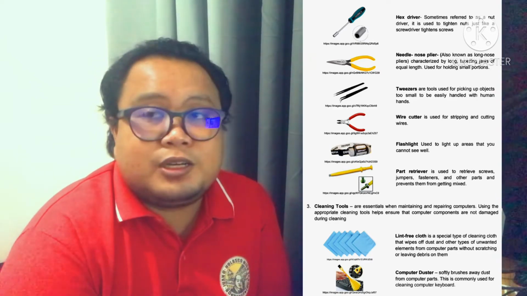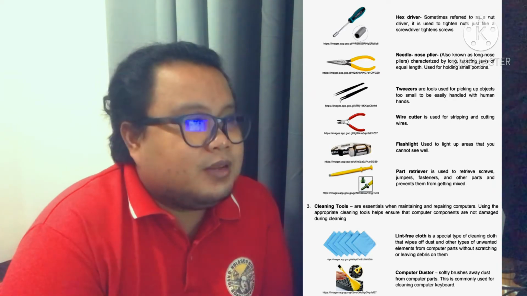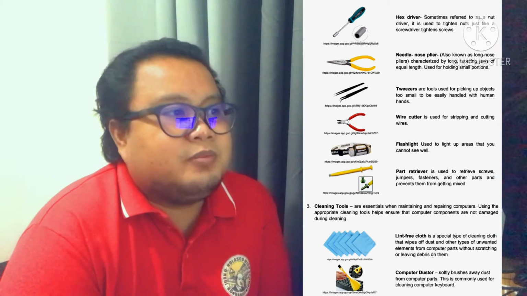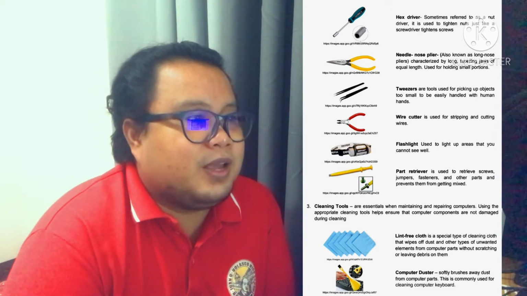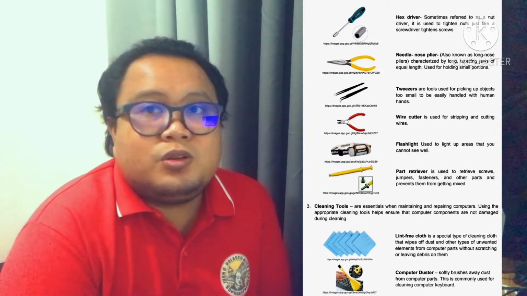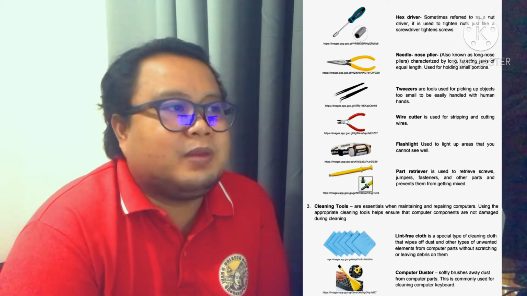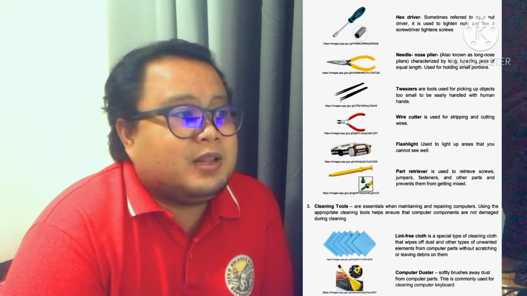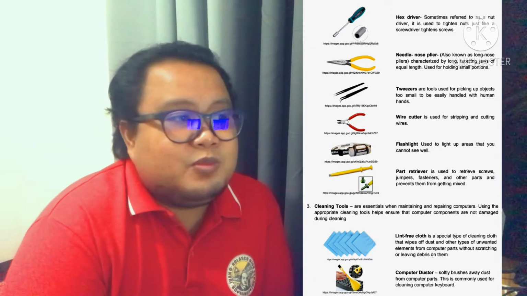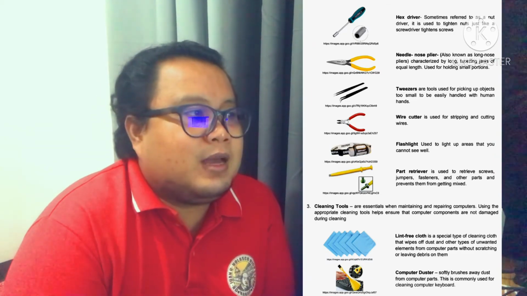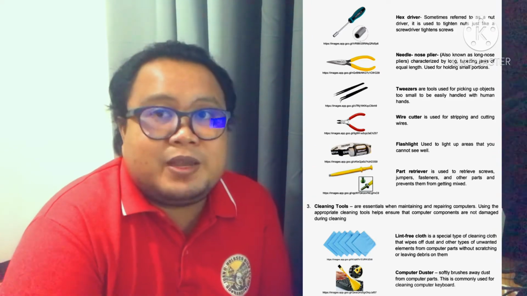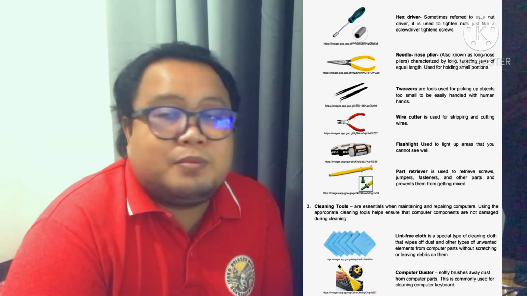Next is yung part retriever. So, ang part retriever is used to retrieve screw, jumper, fastener, and other parts and prevent them from getting mixed. Kung yung tweezer ginagamit natin para madaling ma-pick yung object, ito naman part retriever, parang similar lang din sila para ma-retrieve yung screw. Yun nga lang para siyang injection type na mas manipis, mas mapayat, and then ang dulo niya is parang magnet.